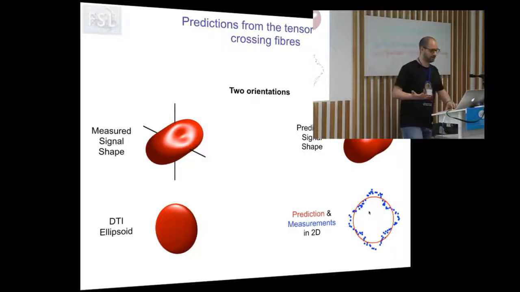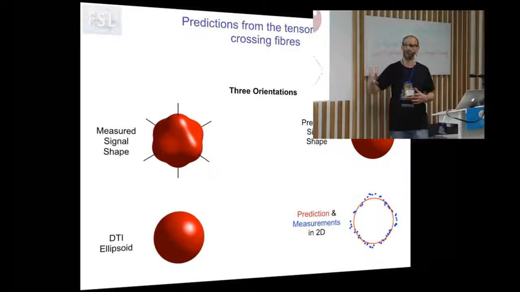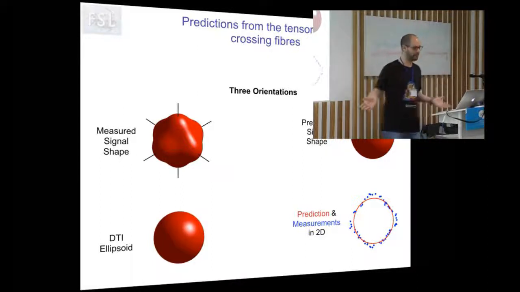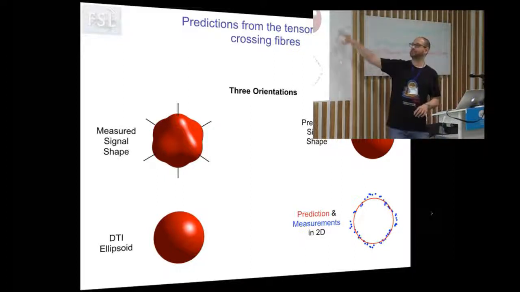Now you've got the rationale of this. We complicate things even more. We have three fiber crossings at 90 degrees in a different voxel. The measured signal shape doesn't give you any meaningful signal decay anymore from which you can immediately infer the axonal orientation. You fit the tensor.